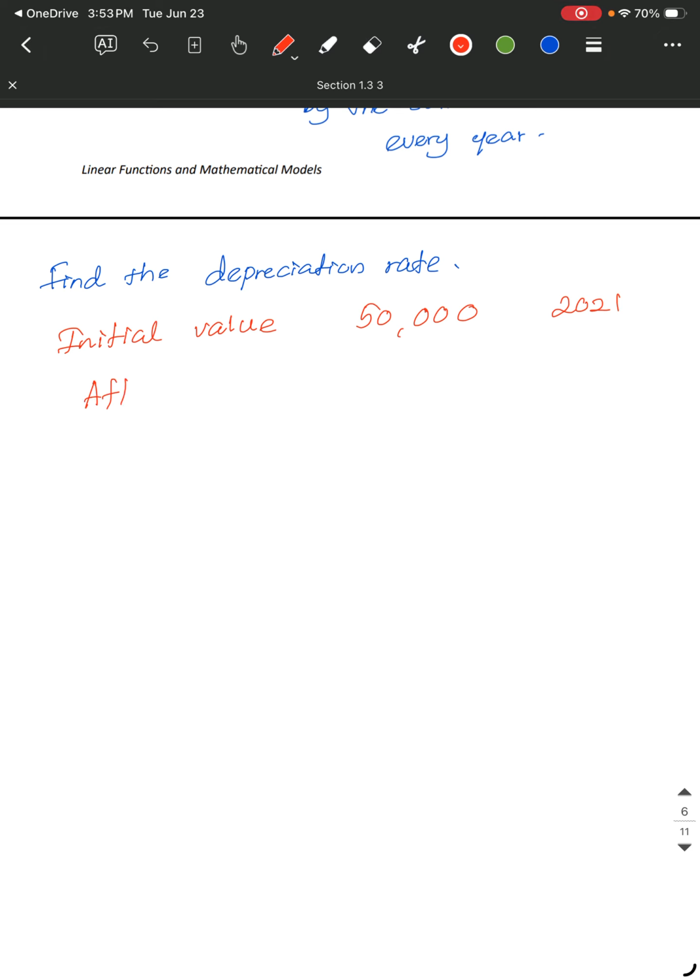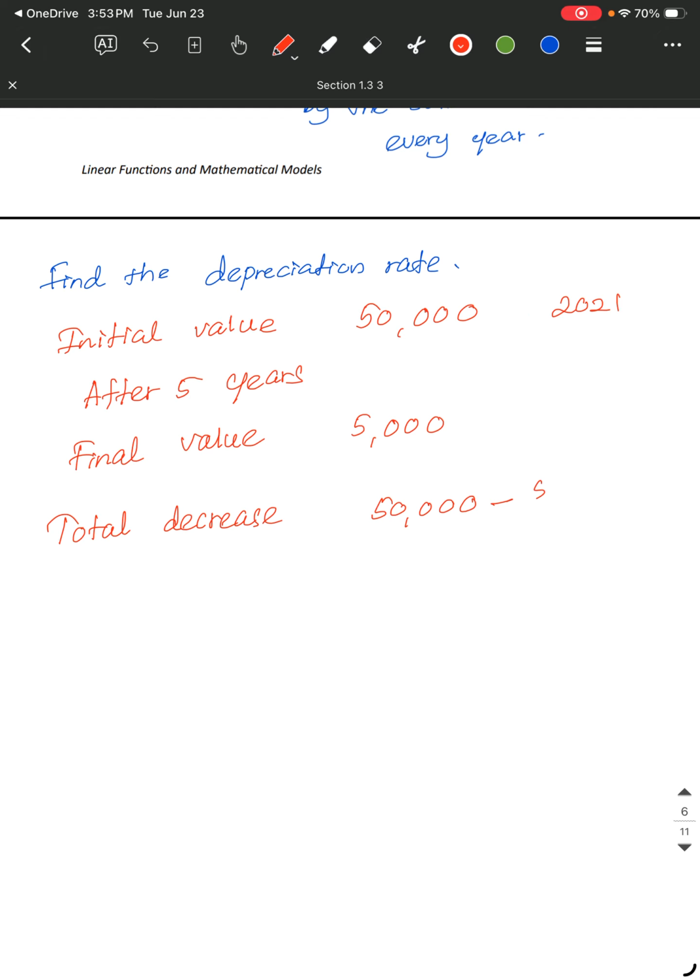After 5 years, the final value is $5,000. Then the total decrease is 50,000 minus 5,000, $45,000.